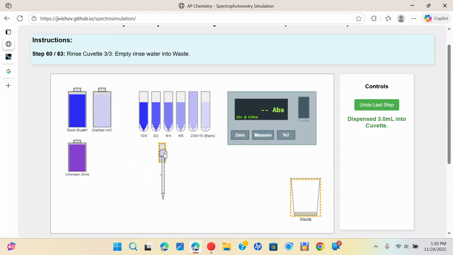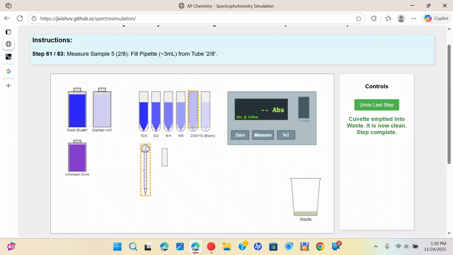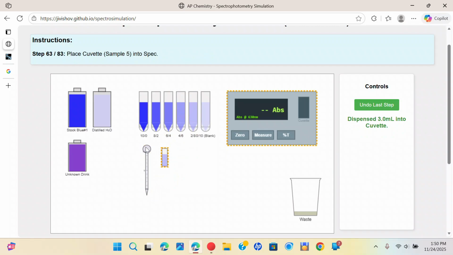So I have to rinse this. You know why we need to rinse it? Okay. So now let's. Oh, sorry. So now I measure it. 0.06 absorbance.